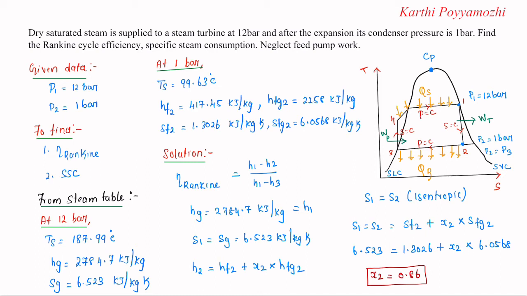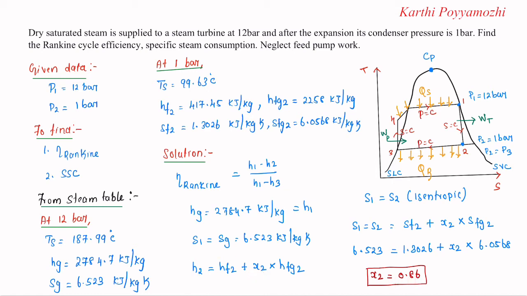Now, we can substitute the value of x2 in this equation in order to find the value of H2. Okay, if you substitute the value of x2 in this equation, we already have the value of HF2 and HFG of 2, and H2 is the only unknown.